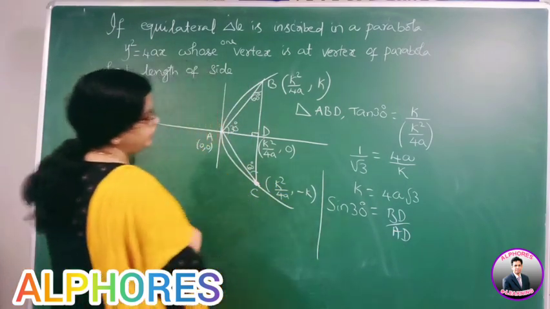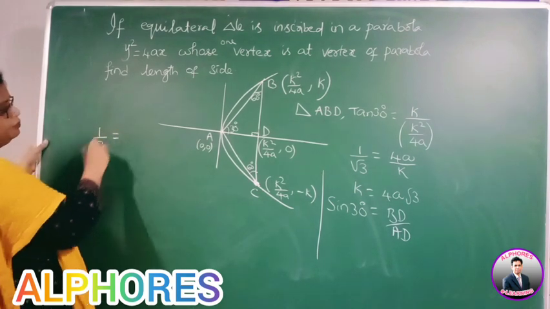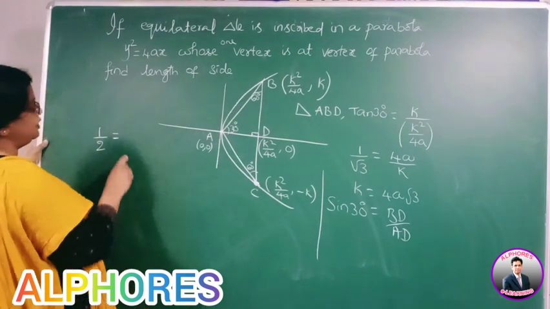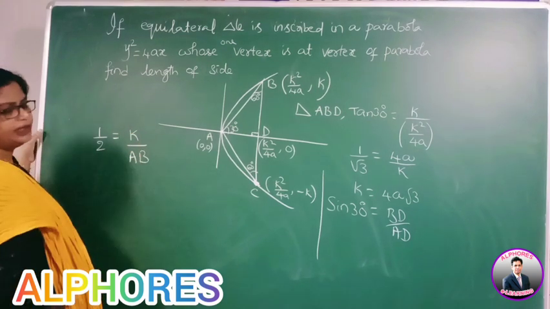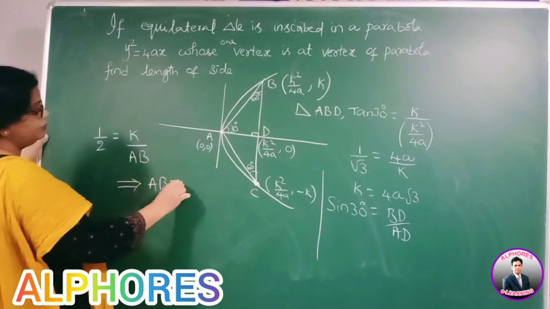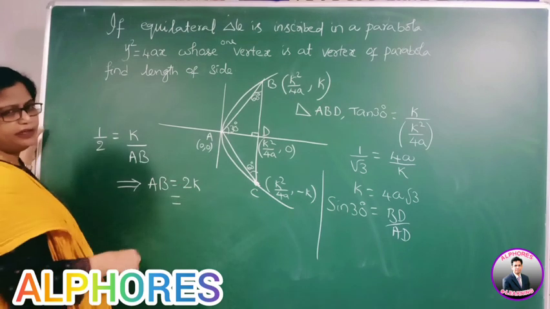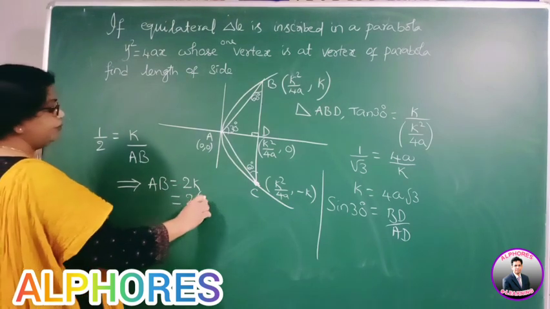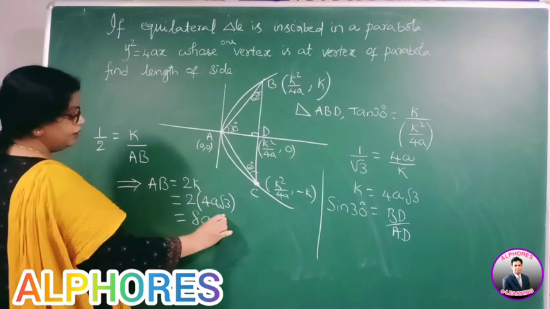And sine 30 degrees means it is 1 by 2. So 1 by 2 equal to BD, this is our k value, divided by AB. That is our requirement. That implies AB equals 2k. And just now we observed the k value is 4a root 3. So 2 into 4a root 3 is nothing but 8a root 3.